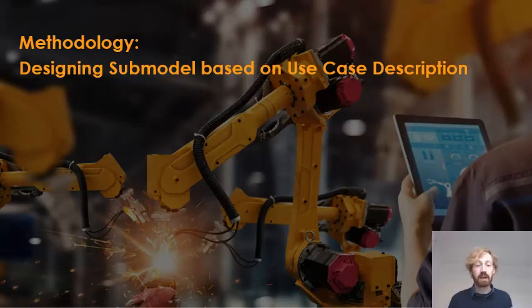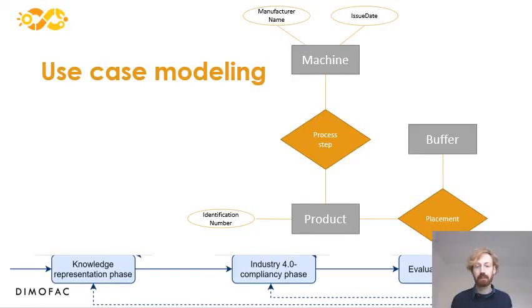So how would such a methodology that identifies submodels based on use case description look? We identified three phases at the bottom of the screen: the knowledge representation phase, the Industry 4.0 compliancy phase, and an evaluation phase.